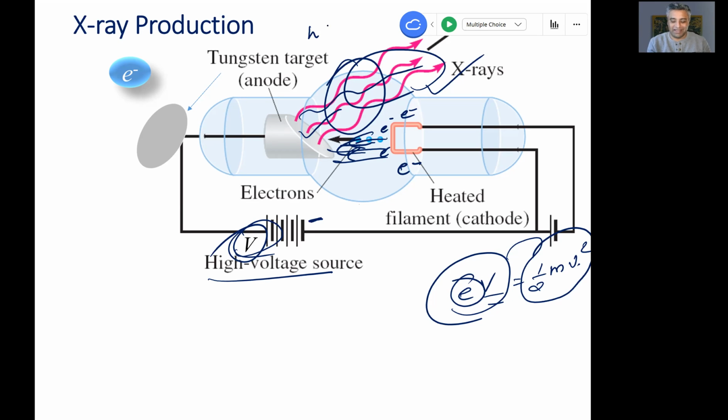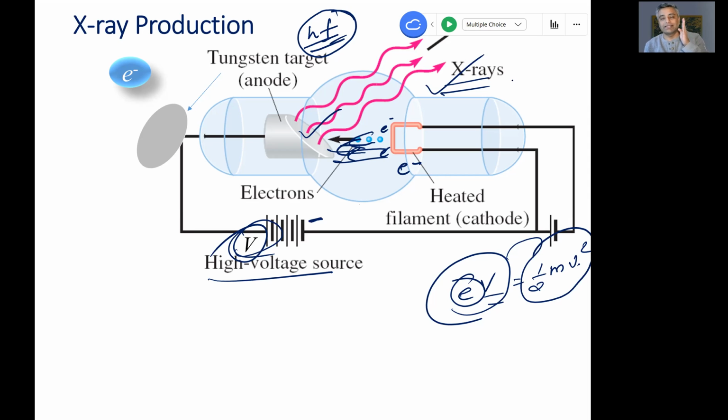That means they have energy, right? Each photon of the X-ray has energy h times f. And since the energy lost by this electron in that collision is really large because they were fast moving to begin with, the energy that comes out also is very high, and that's why they are in the X-ray range.